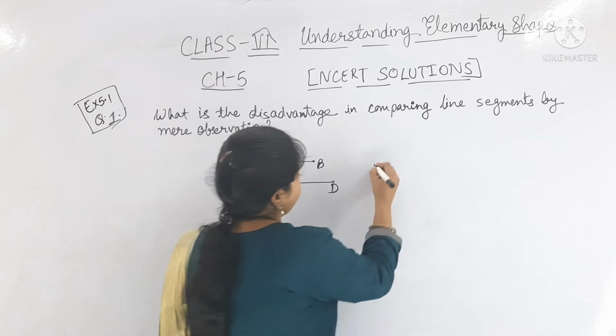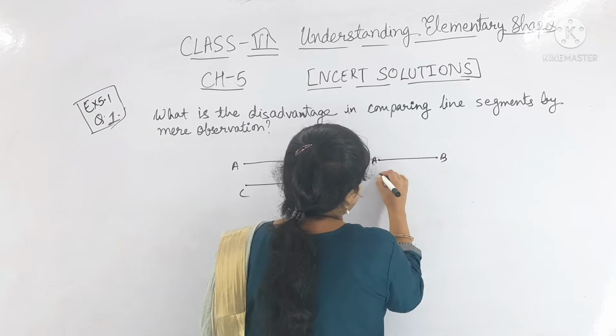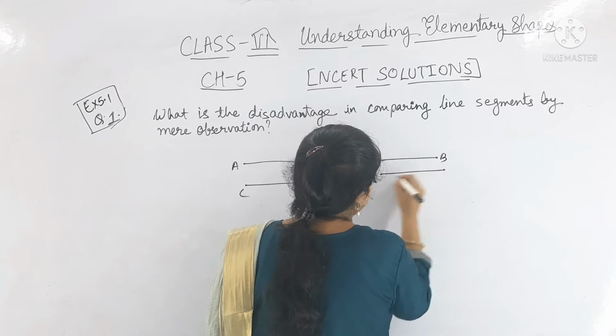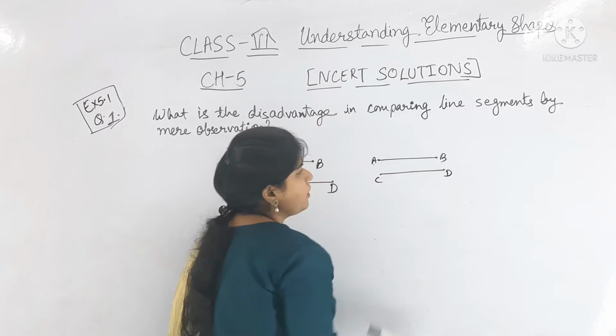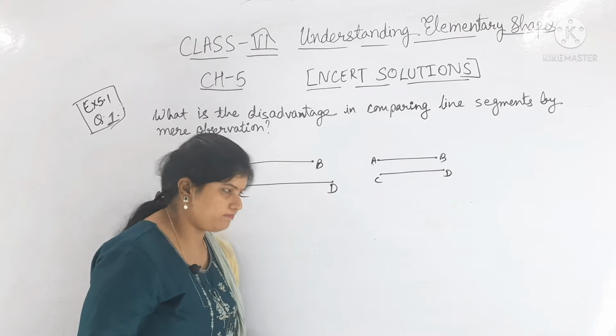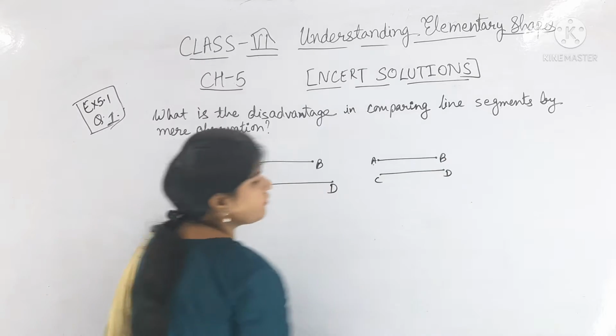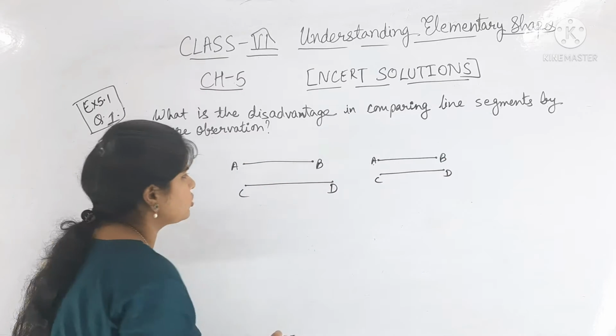But if it is like this, with a very slight difference between AB and CD, then by mere observation there is a chance of error.